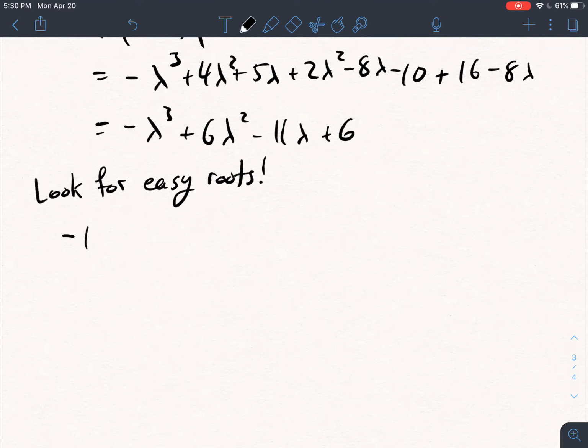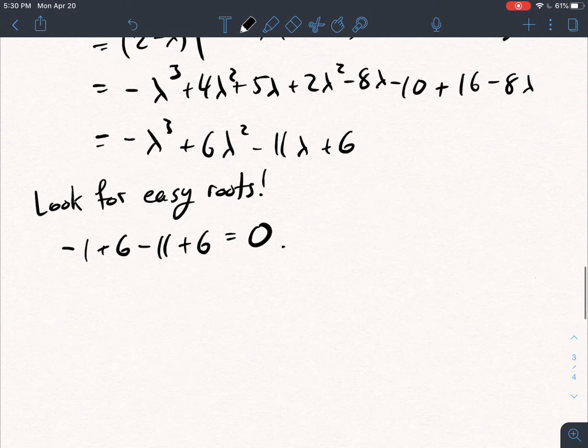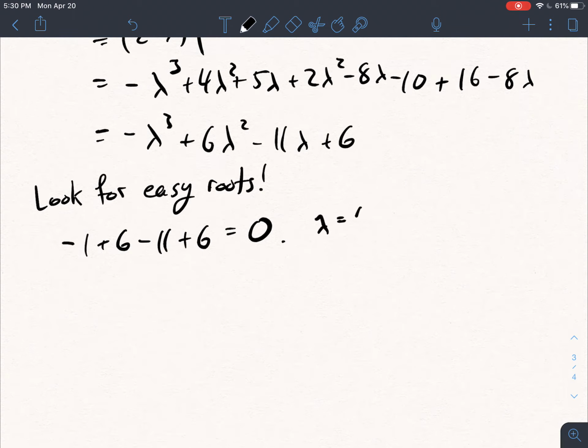The idea is that if you can find a root, then that tells you one of the factors of your thing. So let's plug in positive 1 and see if that works instead. So I get negative 1 cubed plus 6 times 1 squared minus 11 times 1 plus 6. And this is 12 minus 12, so this is equal to 0.